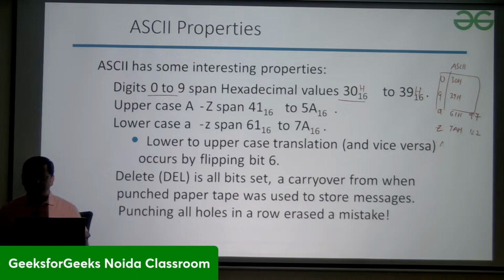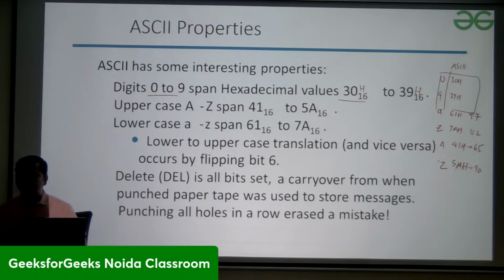Okay, similarly for capital A to capital Z, it is represented as 41H to 5AH. Convert it into equivalent decimal, 65 to 90.